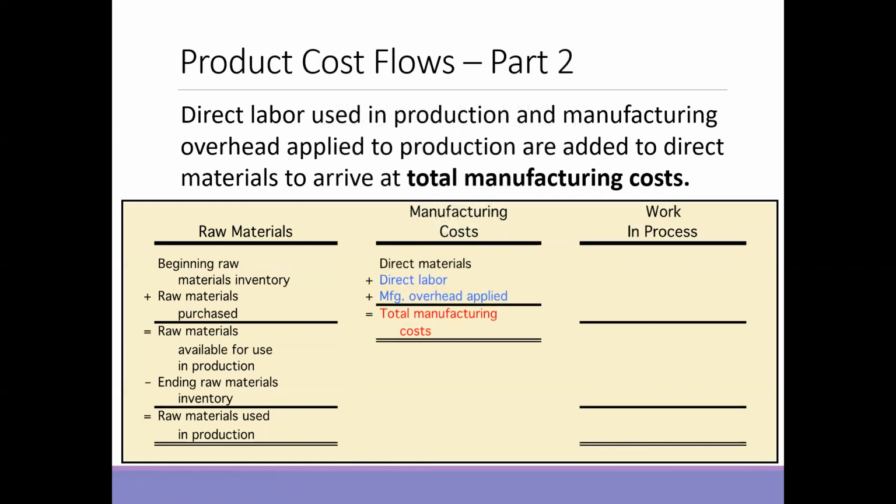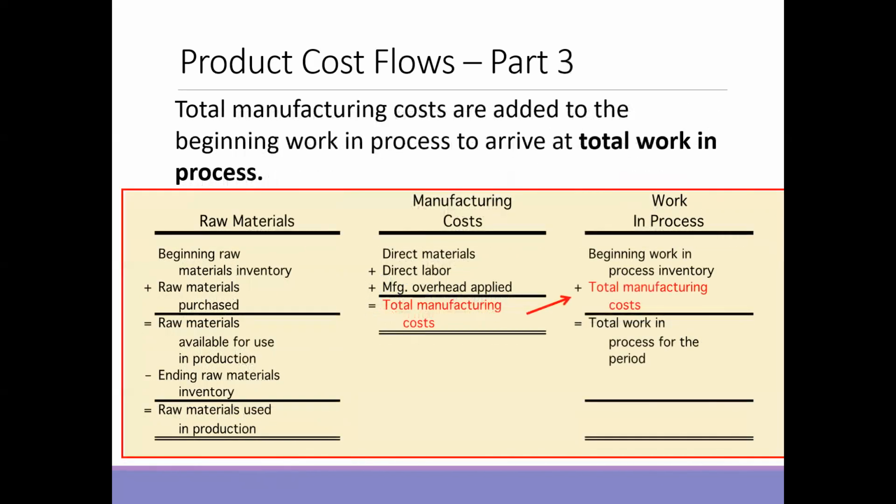Then we take direct labor that's used in production and manufacturing overhead to production, get added to direct materials to arrive at total manufacturing costs. Okay, so we've got our direct materials, our direct labor, and our applied manufacturing overhead give us our manufacturing costs. Then all of those total manufacturing costs get put into work in process.